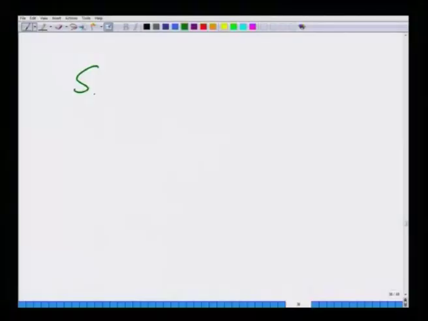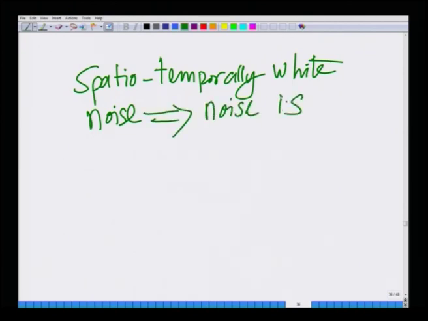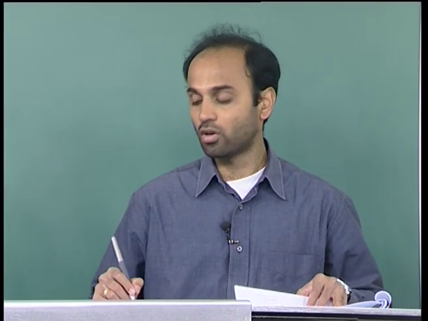So, spatio-temporally white noise implies noise is uncorrelated across antennas and time, that is spatio-temporally uncorrelated noise, which has a covariance of sigma n square.